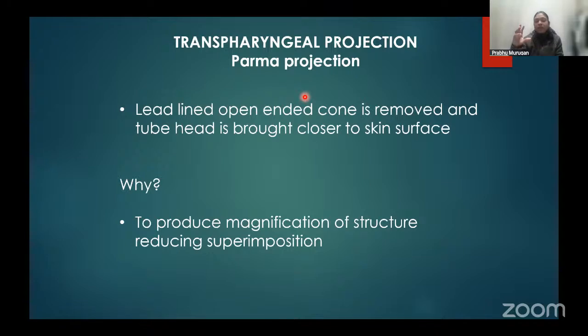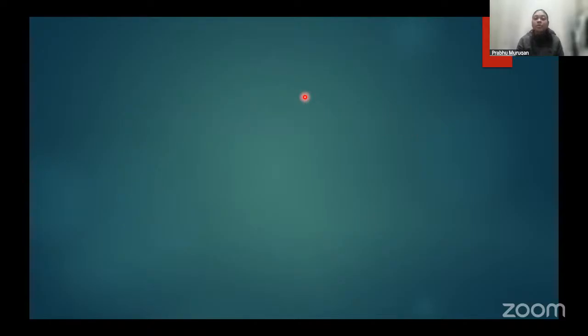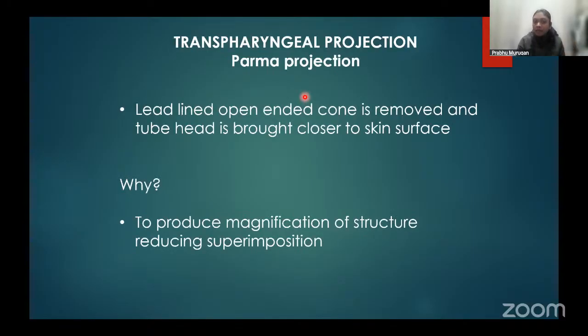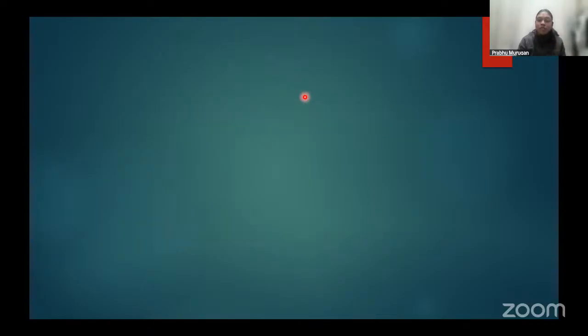Whenever they remove that extended arm of the X-ray tube, they bring the X-ray machine as close as possible to the skin surface. Because of that, what will happen? Magnification of the structures, so that superimposition of the osseous structures is reduced. This is a modification of your transpharyngeal projection, called the Parma projection. Remember, the other name for transpharyngeal is infracranial or McQueen-Dell, and the modification is your Parma projection.